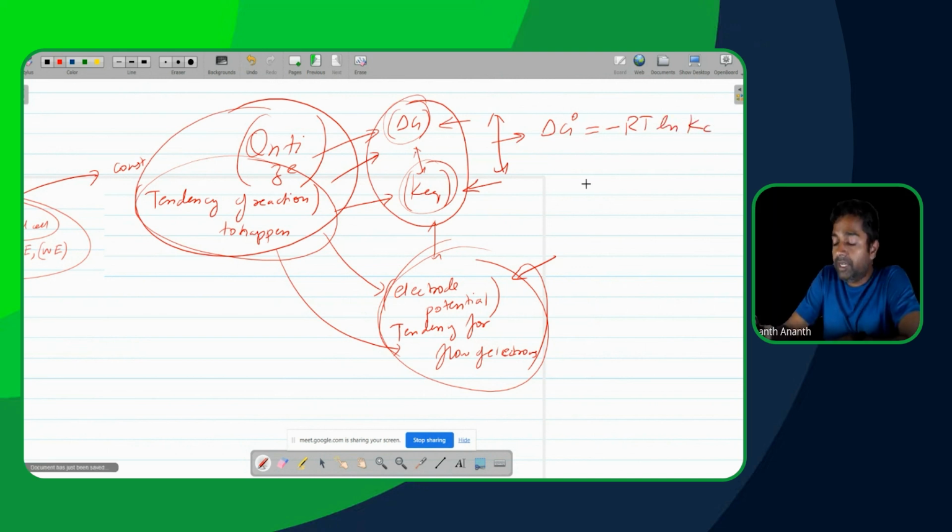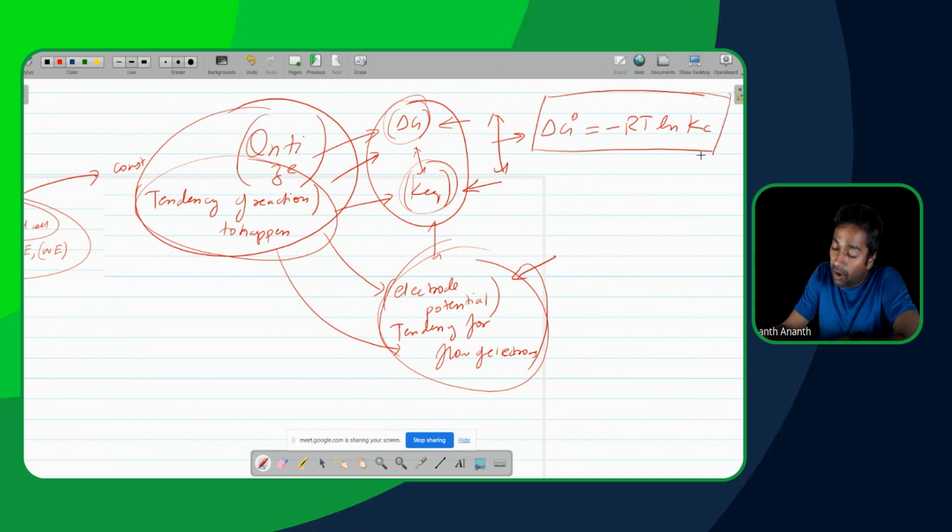Good. So delta G naught is going to be minus RT ln Kc, or in this particular case, K equilibrium. So delta G naught works out as minus RT ln of K equilibrium. Yes, that is the one I was looking for. It looks like you were struggling for a bit, but you saved it at the ending.